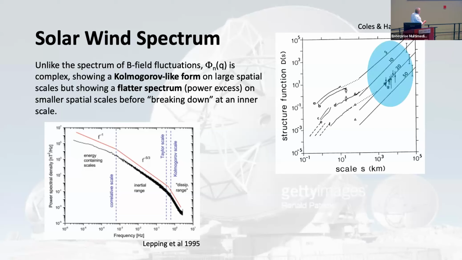On the largest scales, it's actually Kolmogorov-like, with a 5/3 slope. But then, unlike a magnetic field fluctuation spectrum, at intermediate scales of tens to hundreds of kilometers, it flattens out. And then again, at the smallest scales, it's believed to break down.